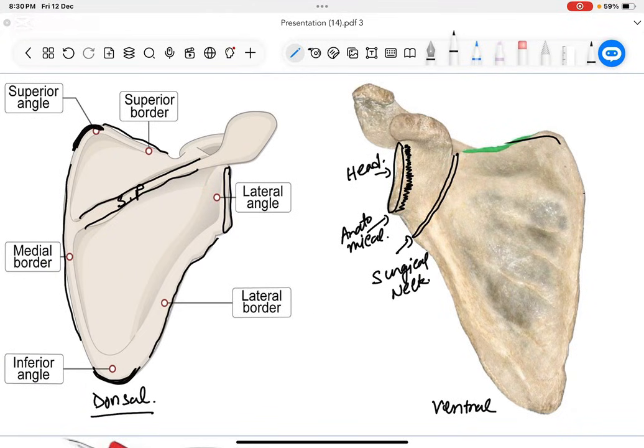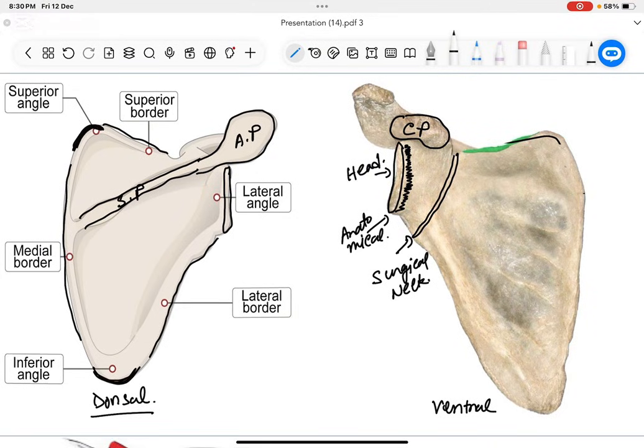It continues laterally as a large elongated process called the acromion process. And anteriorly there is a very small, beak-like projection. This is the coracoid process. So, how many processes did we get? 3: the spinous process, the acromion process, and the coracoid process.